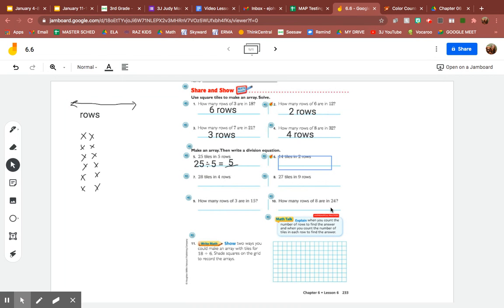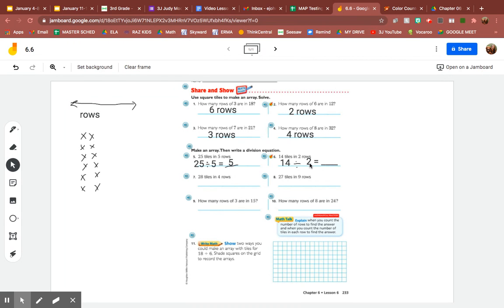What do you think it will be? If you are thinking 14 divided by 2, then you are correct.